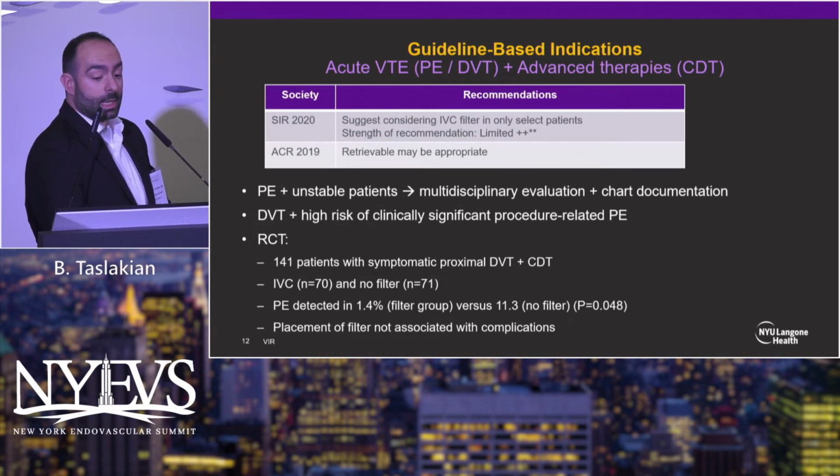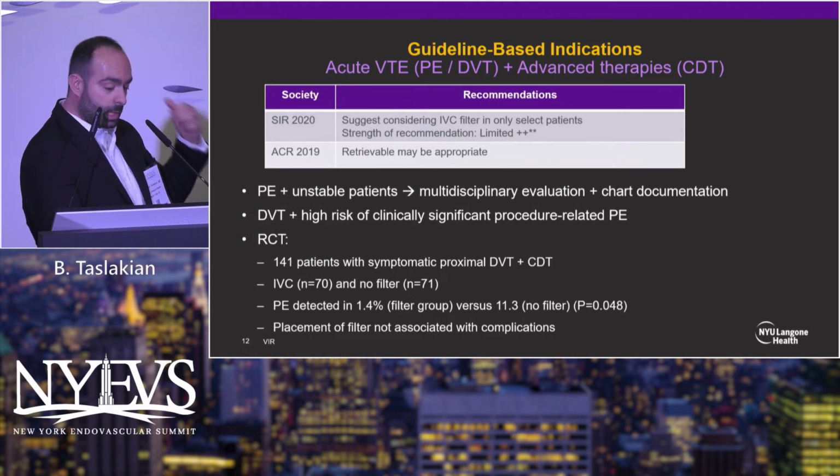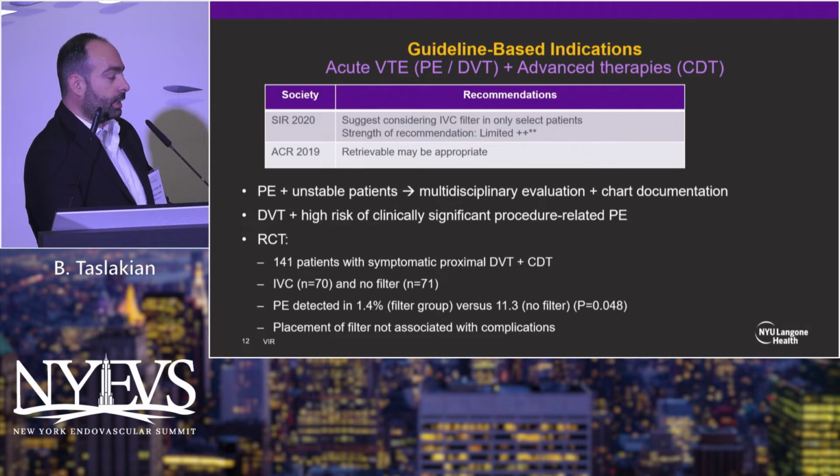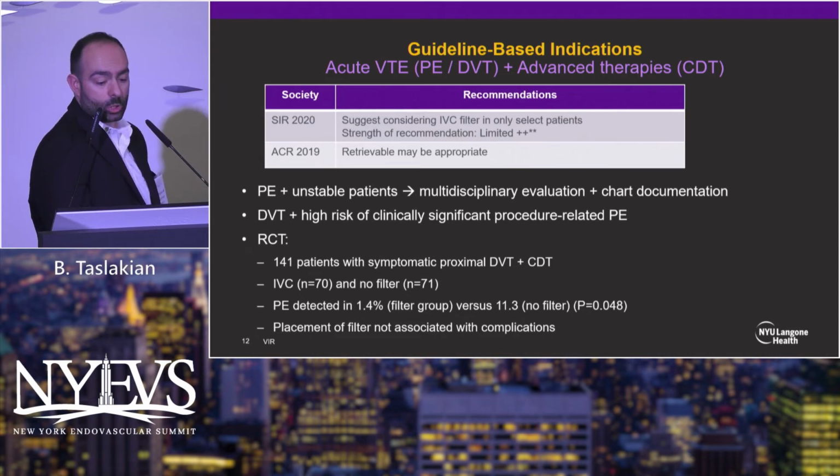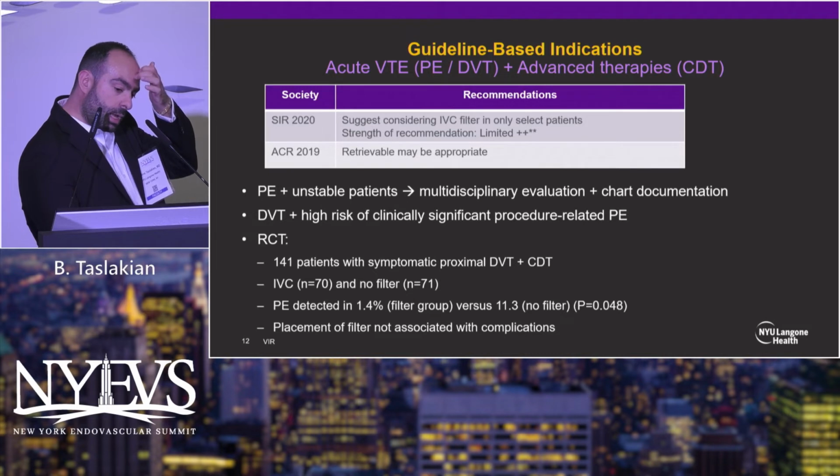Another case is acute VTE with advanced therapy during the CDT. So the case from today, they used a protective device. So the SIR and the ACR, they suggest considering an IVC filter or retrievable filter or other devices that can probably protect the clot from moving into the lungs.